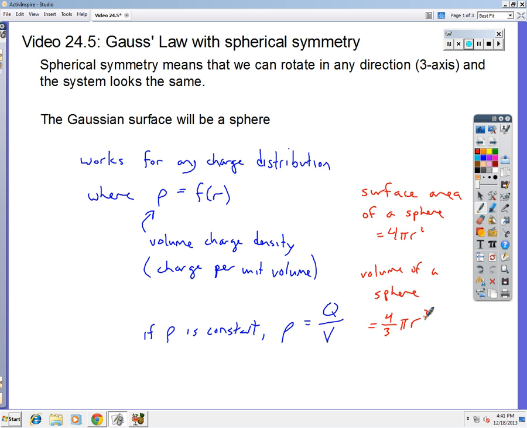And you may have noticed that if you take the derivative of the volume of the sphere with respect to radius, you get the surface area, which is kind of interesting. If you can figure out why that is, you will go a long way to understanding how these three-dimensional integrals work.